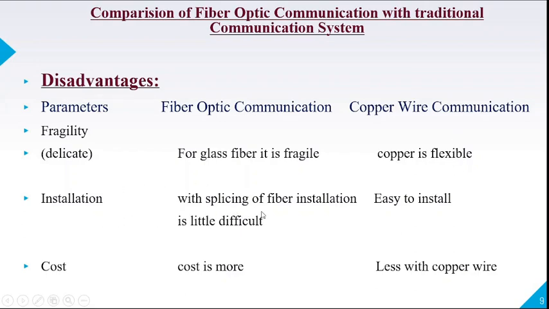Installation: with splicing of fiber, installation is a little difficult, and here it is very easy to install. Cost is very high in fiber optic communication system, and in traditional communication system the cost is very low, as we use copper wire there, and copper wire is cheaper compared to optical fiber.